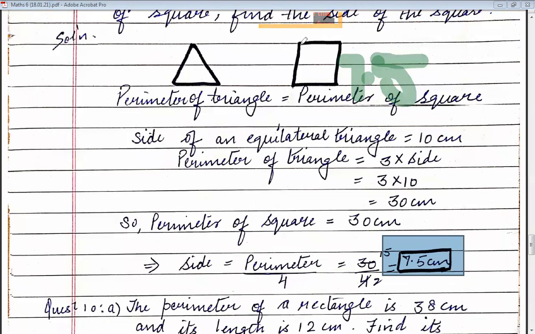All the sides are same. Okay. And what was the side in equilateral triangle? That is 10. Okay. So now this is your answer. So be careful, read the question very carefully. Okay. Now let's move on to our question number 10.